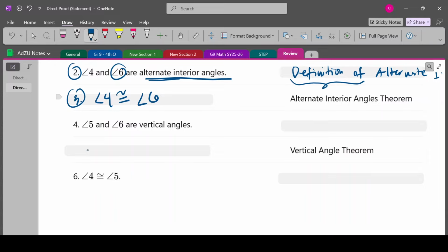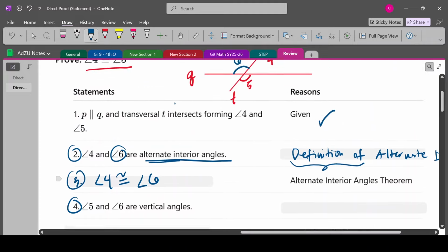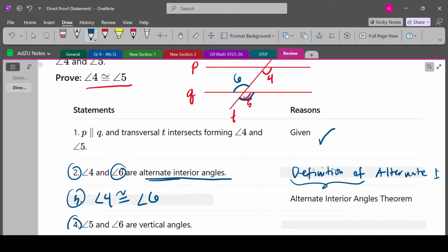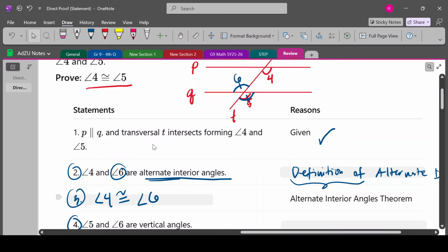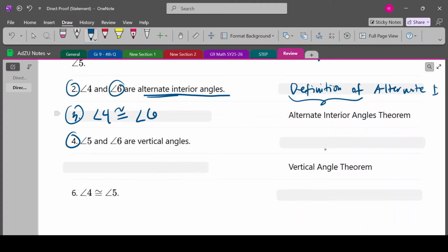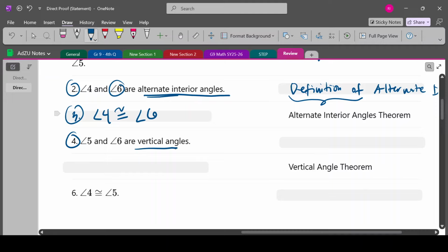Okay. Number 4. Angle 5 and 6 are vertical angles. Tama din, right? Angle 5 and 6, they are vertical and they are congruent. Ayan. The same thing happens.